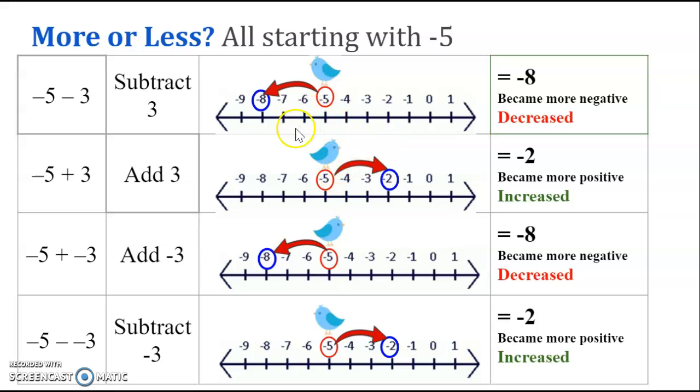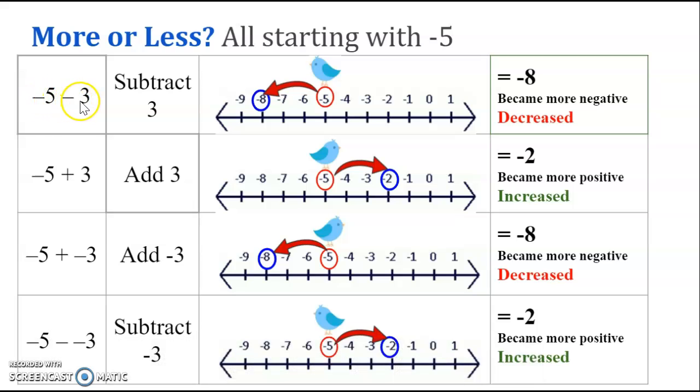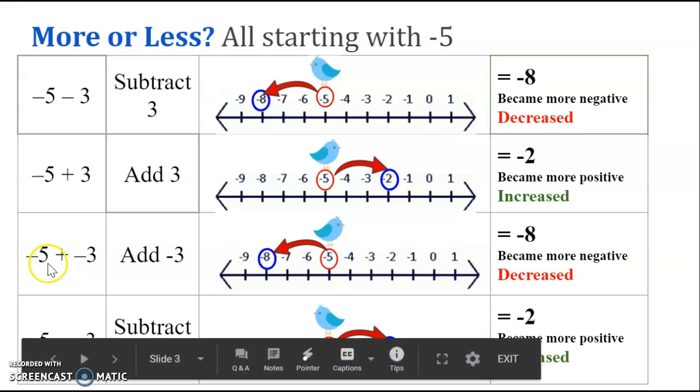Okay, notice where we are. See, -8 here, -8 here, -2 here, and -2 here. So when we subtracted a positive number, it was the same as adding its negative, or its opposite.